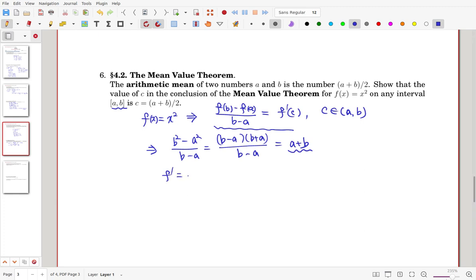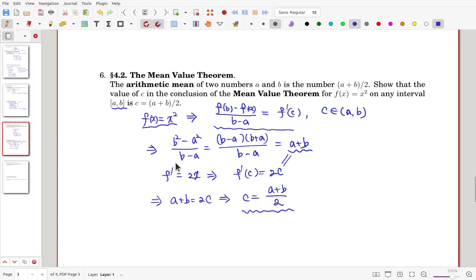F is x squared, so f prime is 2x. Here f prime at c is 2c. If we equalize that, then we have a plus b equal 2c, so we can conclude c equals a plus b over 2. We proved that.